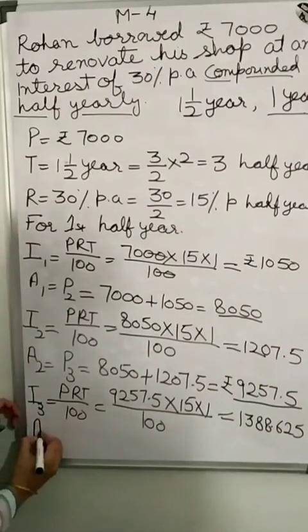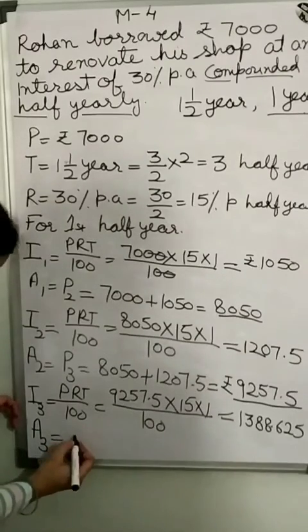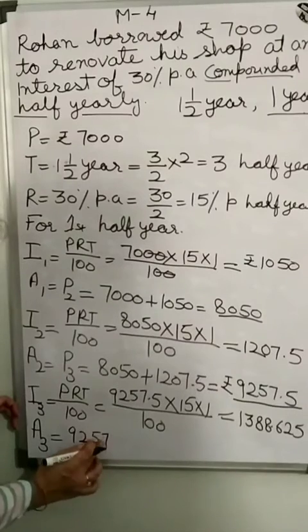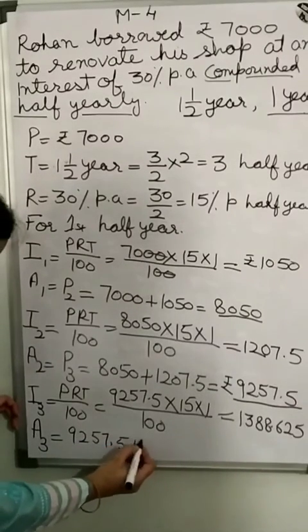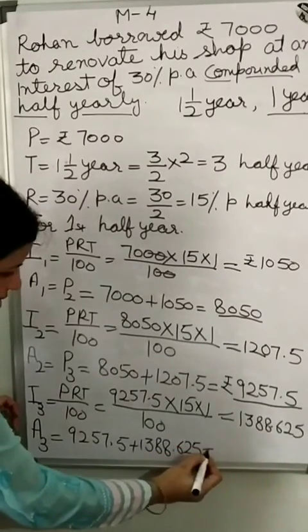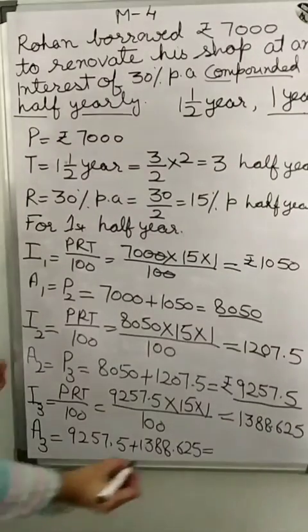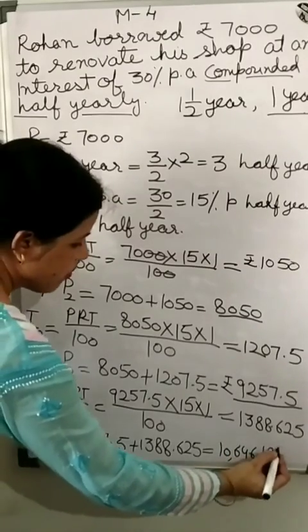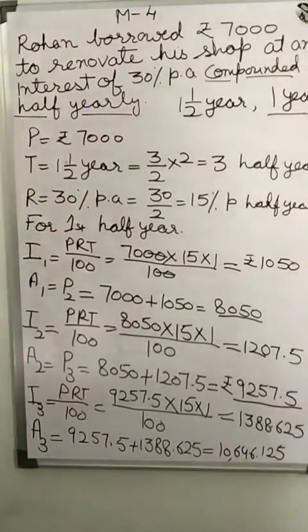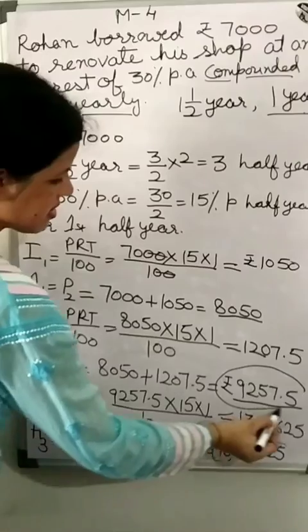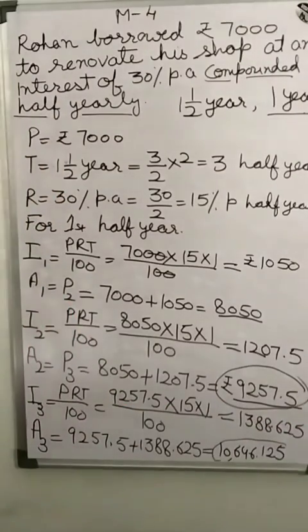The amount is equivalent to adding them together, 9257.5 plus 1388.625, and it is equivalent to 10646.125. So this is the amount after 1.5 year, and the above one is the amount after 1 year.